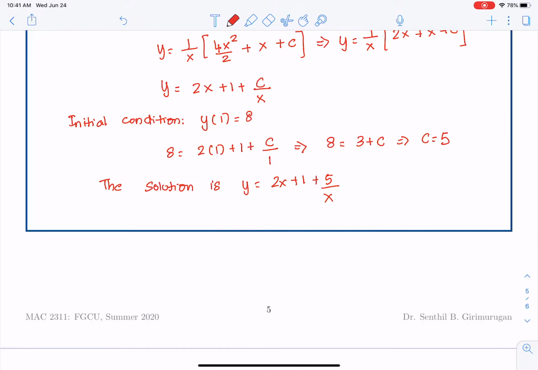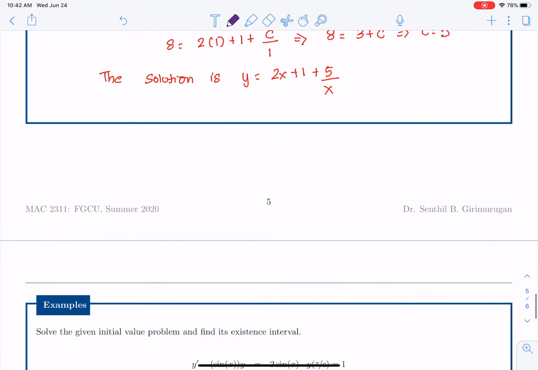So the c over here is an arbitrary parameter, and it would form a one parameter family of solutions. But because of the initial condition, we end up getting a single solution, which is y equals 2x plus 1 plus 5 over x.